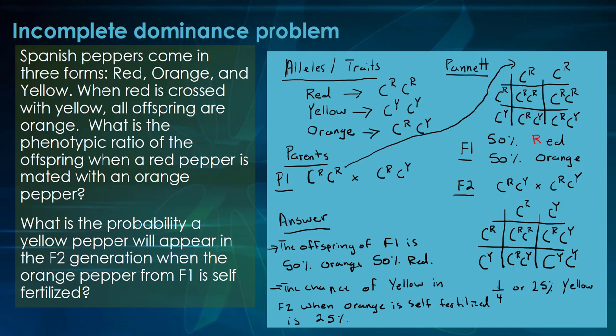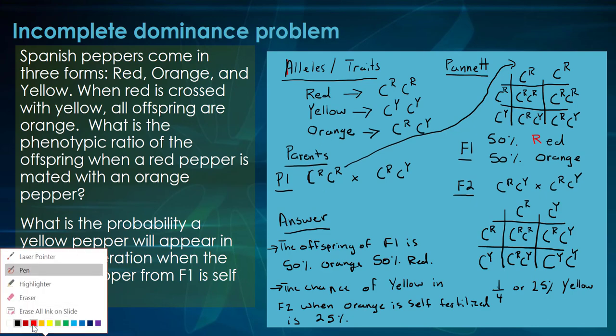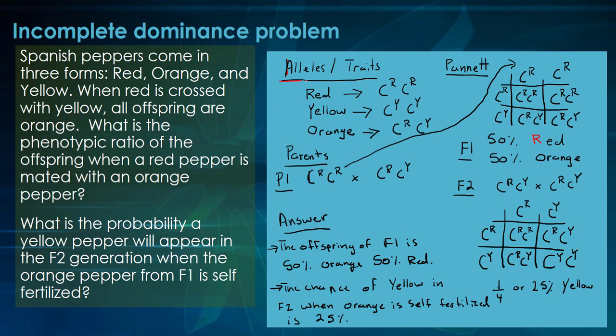Got our answers. Ultimately, it's that same procedure where we are identifying our alleles and traits, figure out our parents, do our Punnett square, and then this question did go a little bit deeper, asked us about the F2 generation. So it's just remembering that the first group of parents are your P1.